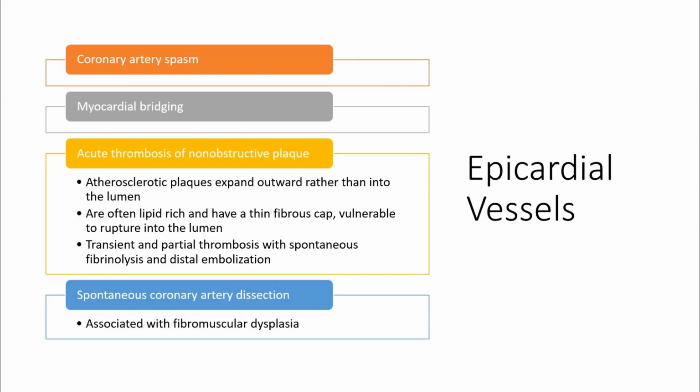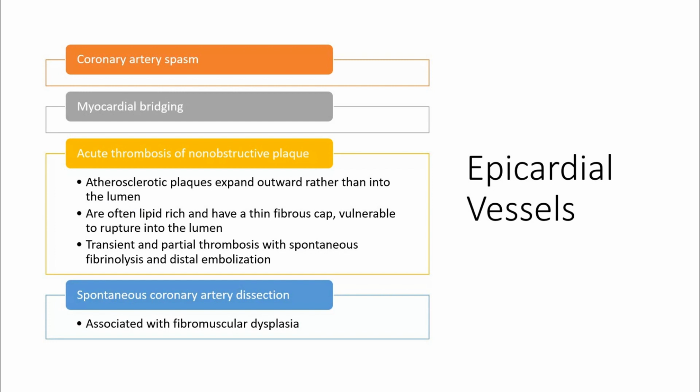The pathophysiology at the epicardial vessels level include coronary artery spasm, myocardial bridging, acute thrombosis of non-obstructive plaque. So for these, the atherosclerotic plaques expand outward rather than into the lumen.